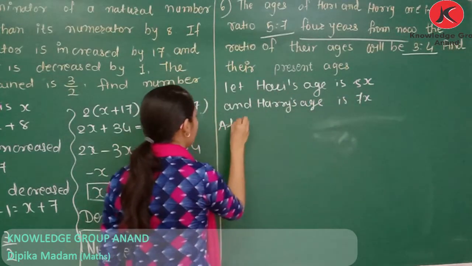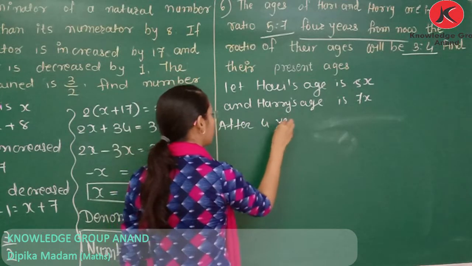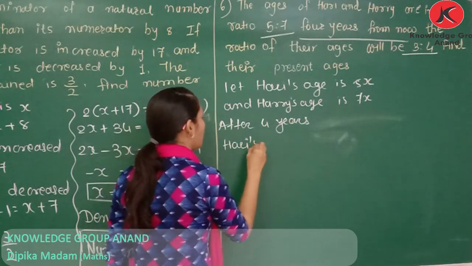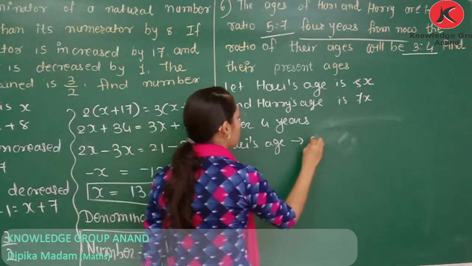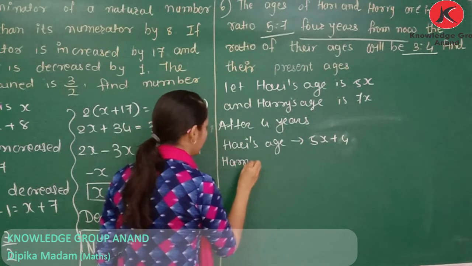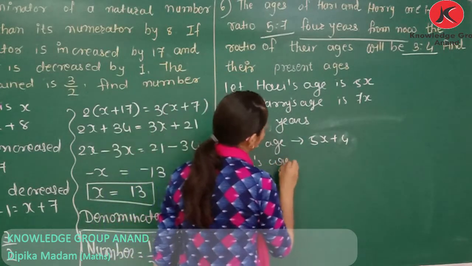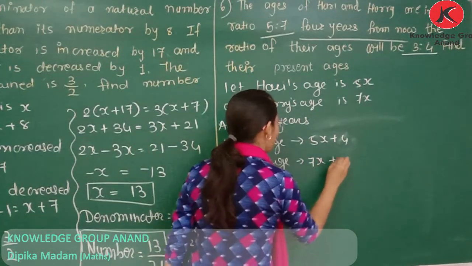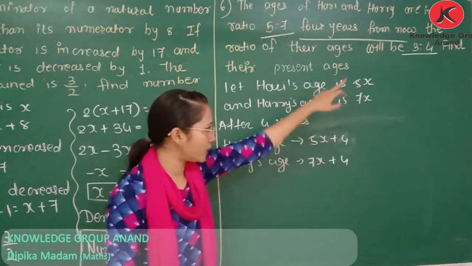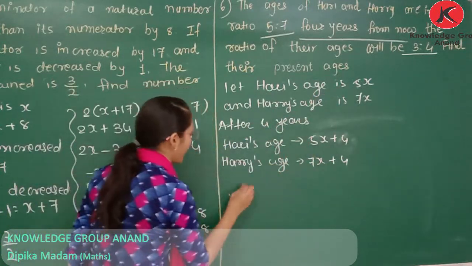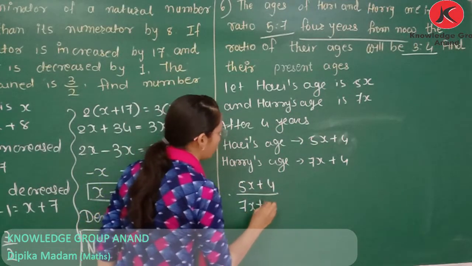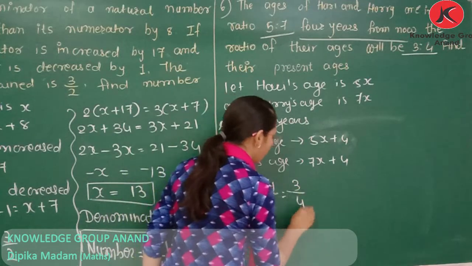After 4 years, Hari's age will be 5x plus 4 and Harry's age will be 7x plus 4. But if you take out the ratio of this, you will get 3:4. So we can write (5x plus 4) divided by (7x plus 4) is equal to 3/4.